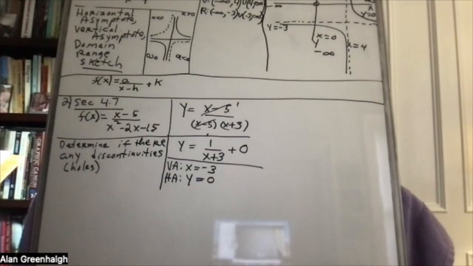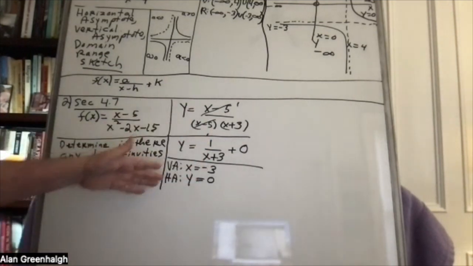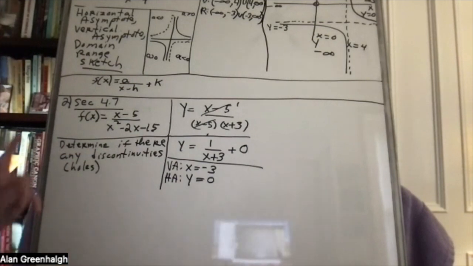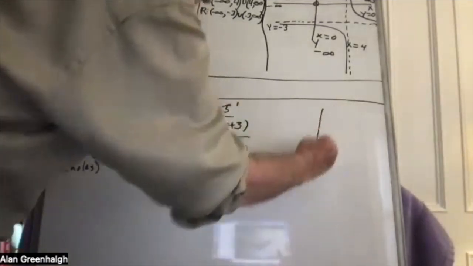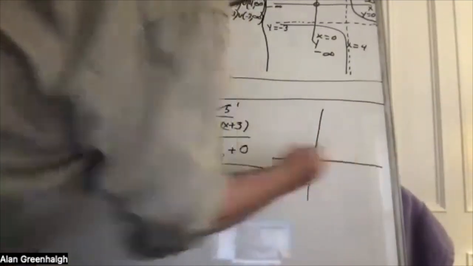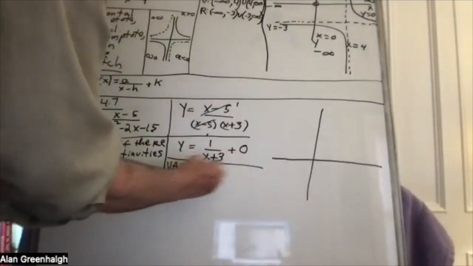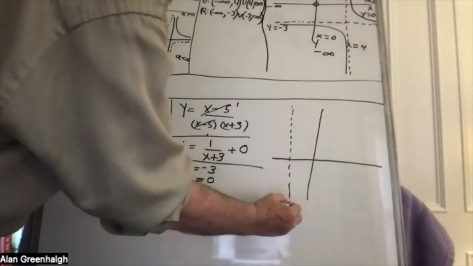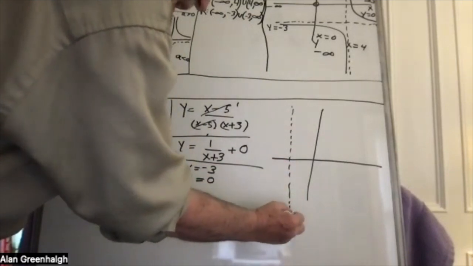Yeah, that's all that means. It's a good horizontal asymptote because it's the x-axis. All right, and of course, when I graph it, at this point, the vertical asymptote is x equals -3.